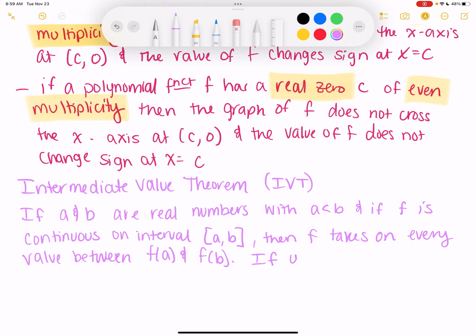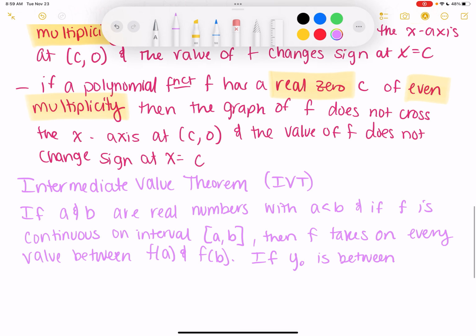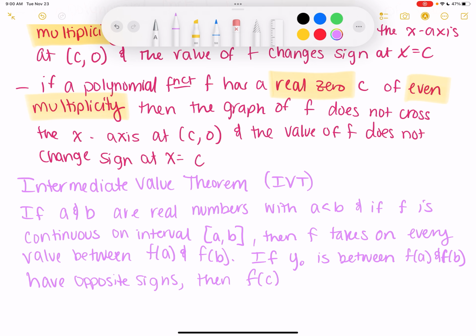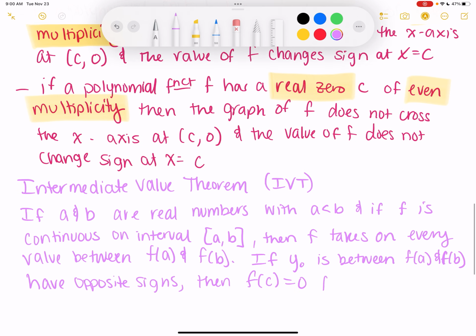If y sub 0 is between f of a and f of b, and they have opposite signs, then f of c is equal to 0 for some number c in a to b.